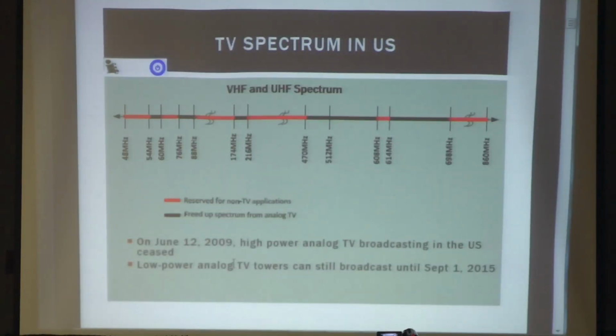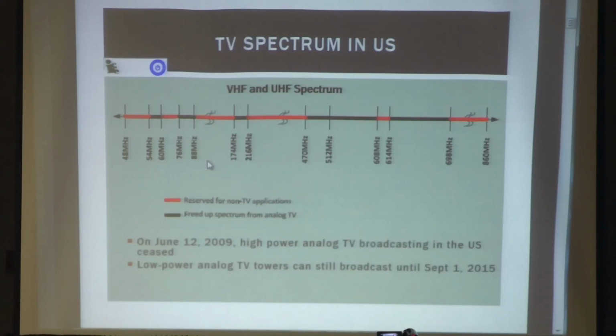So this is the TV spectrum usage here in the US. Here I'm showing the VHF and UHF channels, frequencies rather. So what's marked in red over here is actually not being used by television. It's actually used by other applications such as emergency broadcast or radio astronomy, and so on.